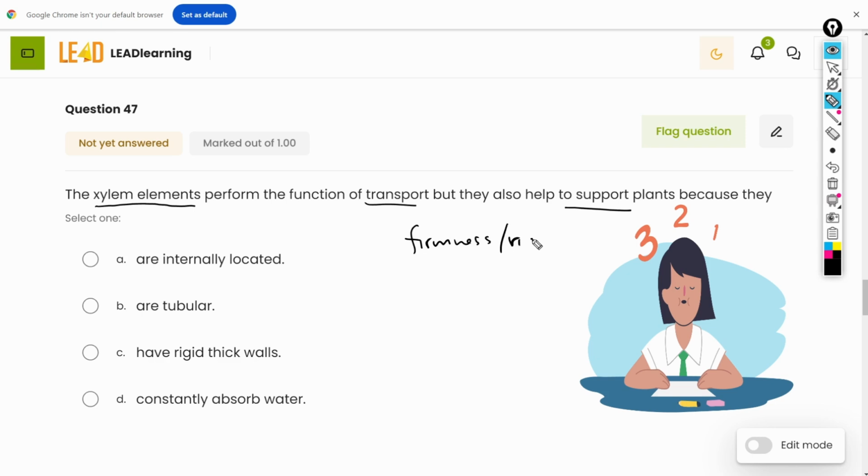It would provide rigidity. So looking at these options, to be internally located, no. Tubular, no. Have rigid cell or thick walls, correct. So our correct answer is the option C, because it is a requirement for a supporting tissue or supporting element.